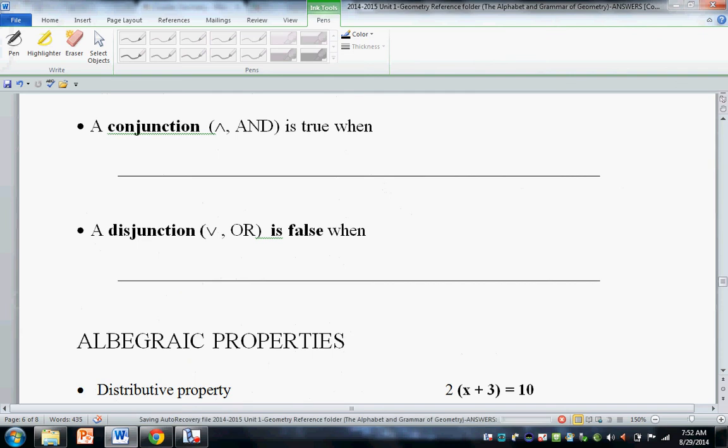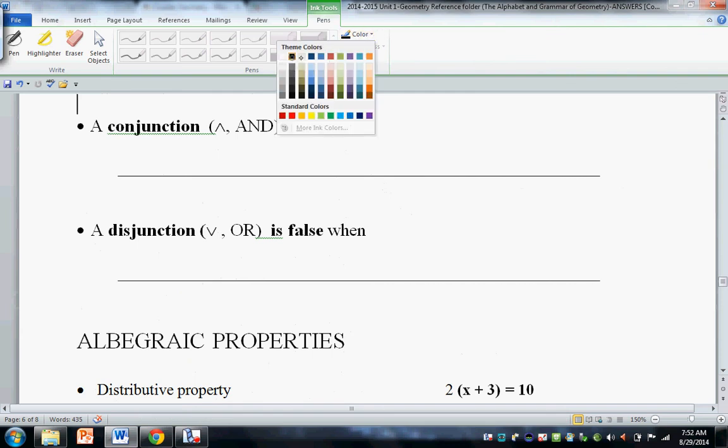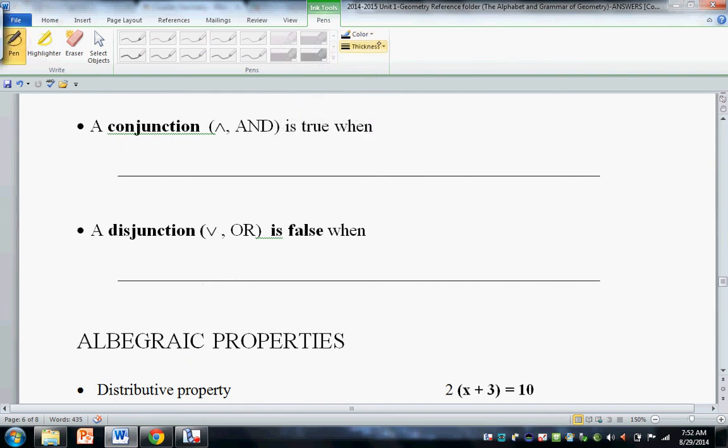Okay, two more rules here. A conjunction is an and statement. And we use this symbol, a little caret. A conjunction is true only when both statements are true.